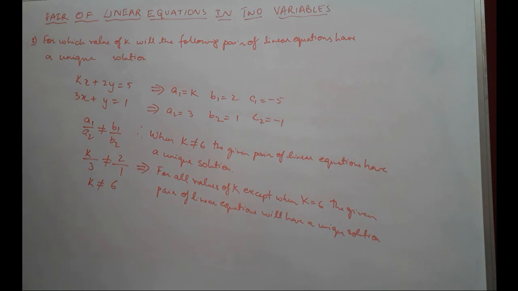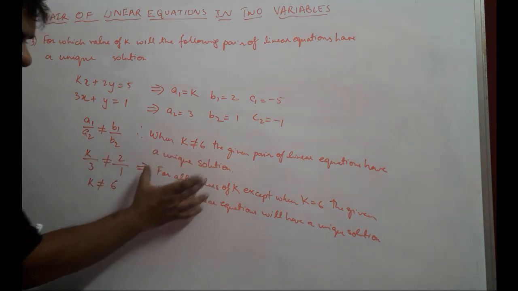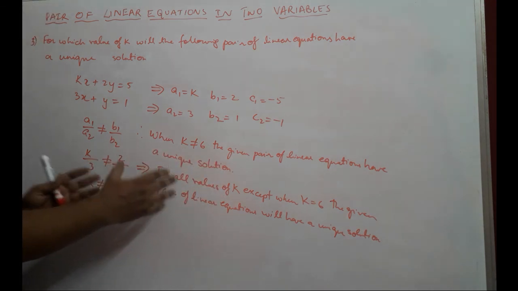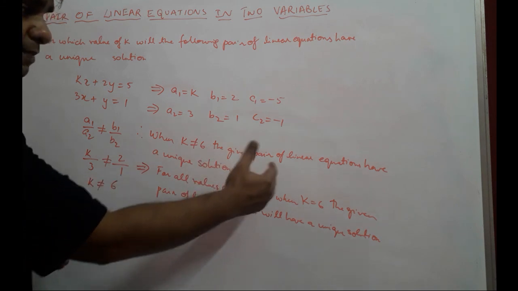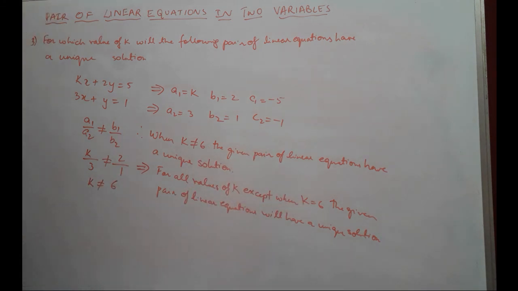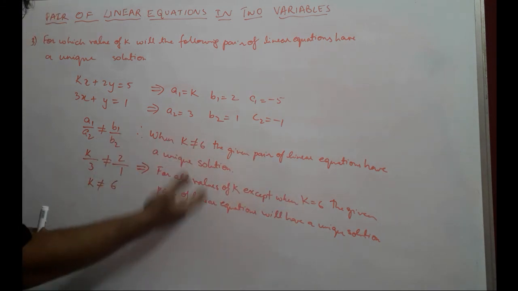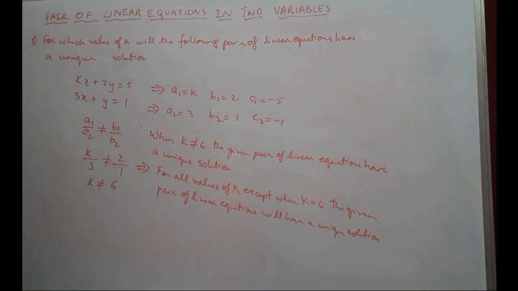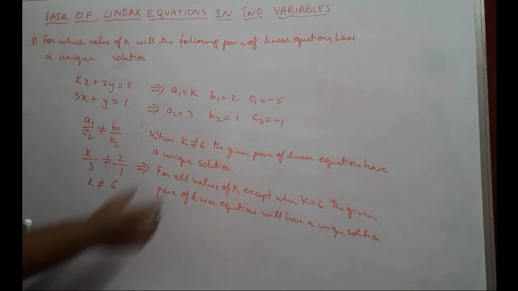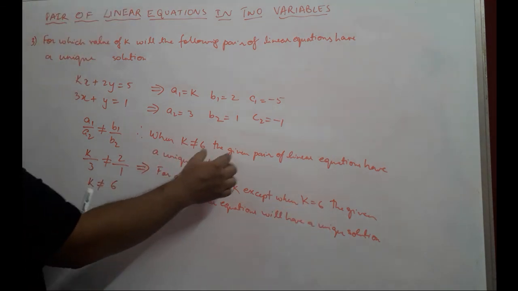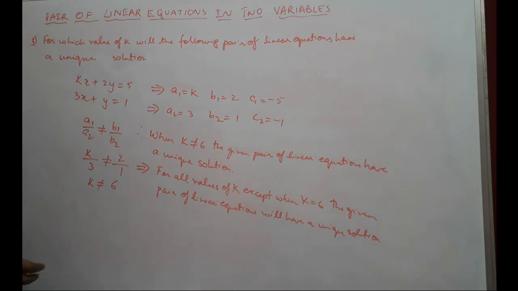This has only one condition, that is k should not be equal to 6. So we have just stated the same in this: for all values of k except when k is equal to 6, the given pair of linear equations will give us a unique solution. So we can't have k equal to 6, and this is what it says. So when k is not equal to 6, the given pair of linear equations have a unique solution. Both these statements mean the same thing.